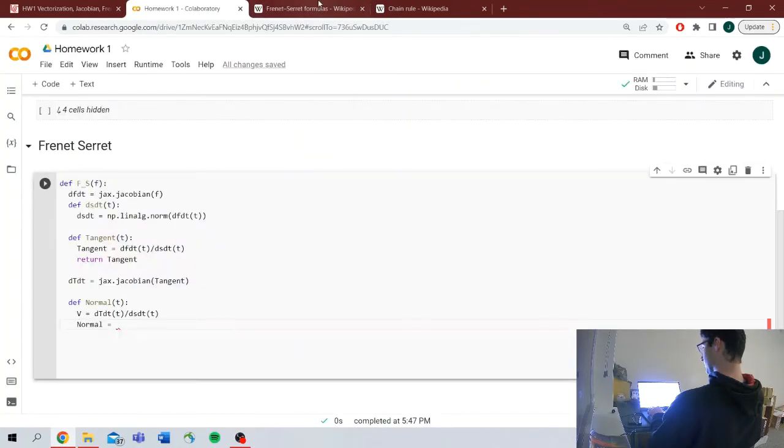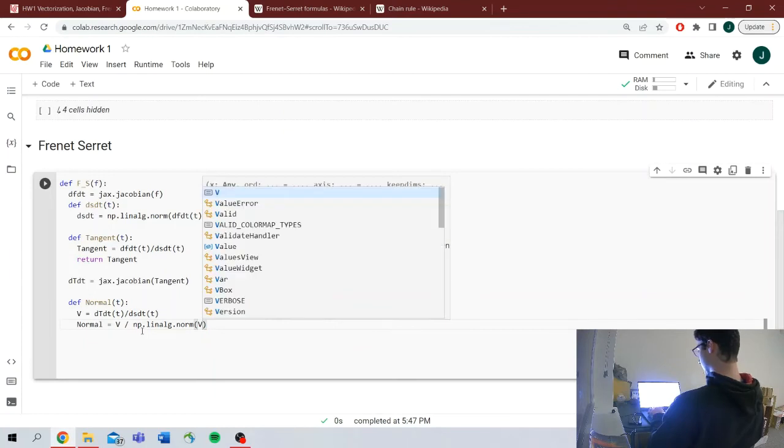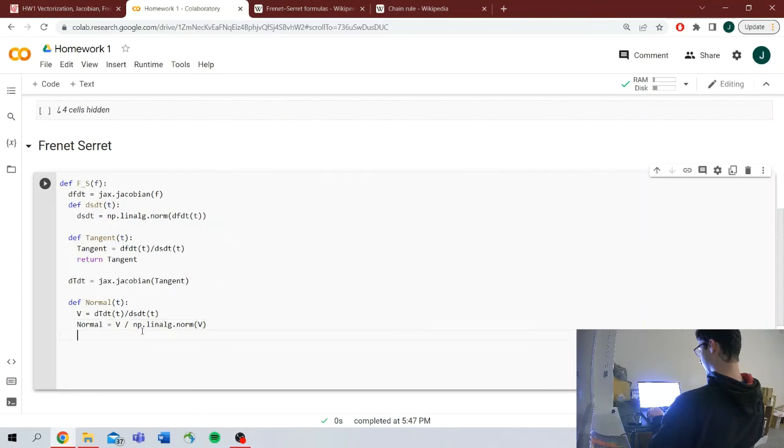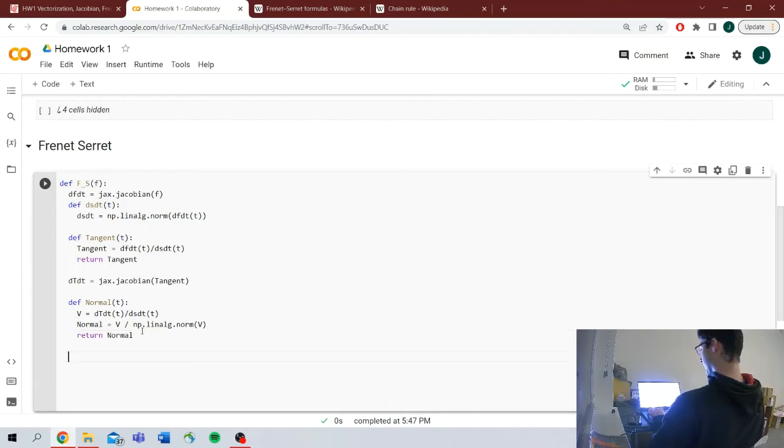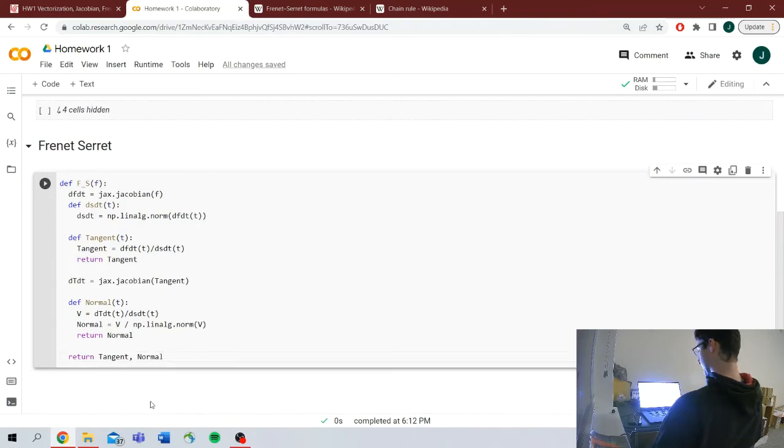So we set this equal to v, so v divided by np.linalg.norm of v. Then we're going to return normal. Then for the overall function, we're going to return tangent and normal. Okay.